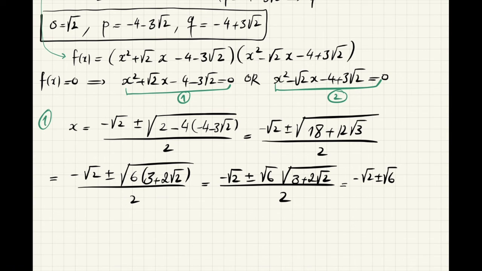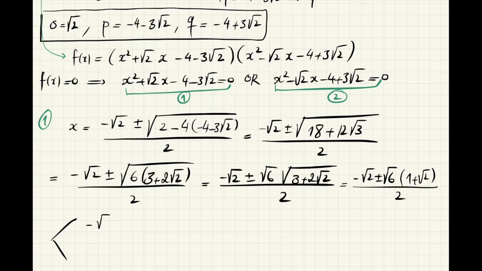And instead of this expression, I can put 1 plus square root of 2, and then I will have 2 in the denominator. So this means that I will get 2 solutions from here.